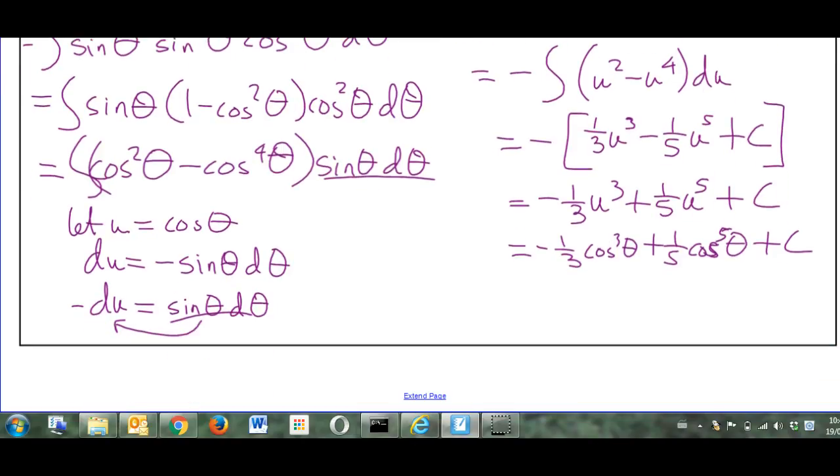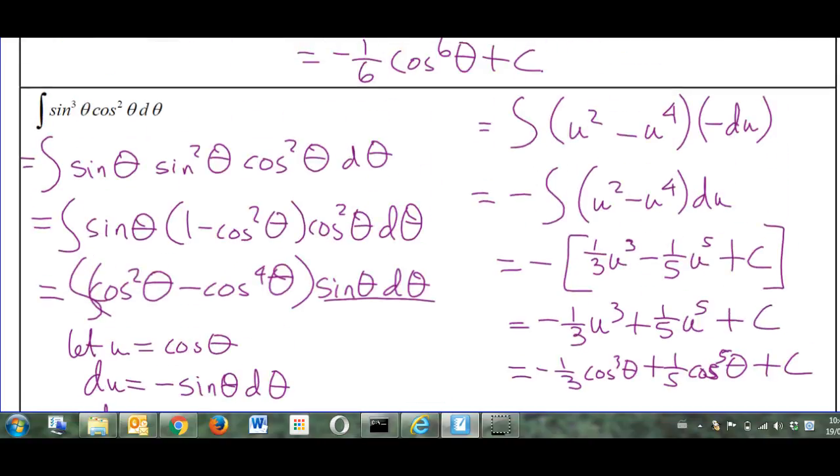Okay? And if you don't, then you've got to keep working it until you do. Okay, so the idea here, in this particular problem, is we need a sine theta or cos theta by itself.